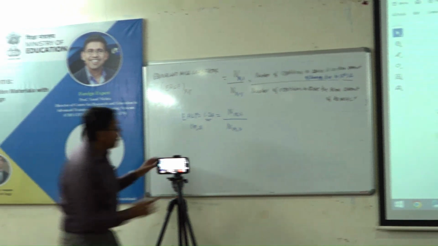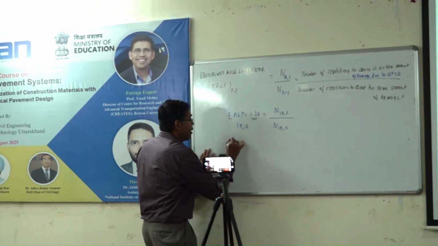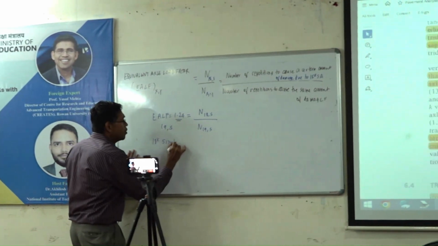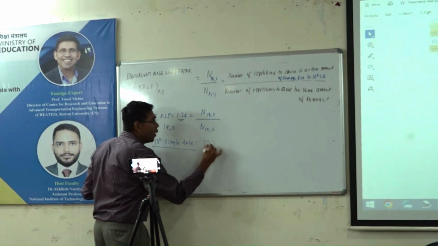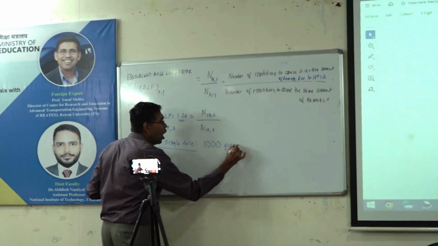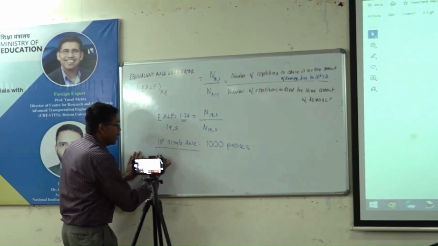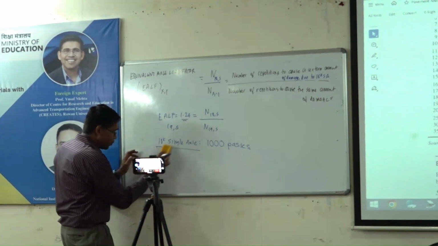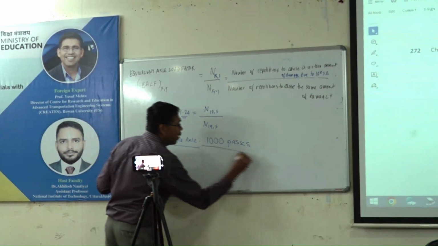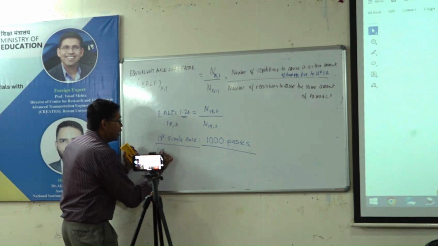So if an 18 kip single axle damages the pavement in 1000 passes, how many passes will a 19 kip single axle take? Can anybody tell me? If 18 kip single axle damages a certain pavement in 1000 passes, how much will a 19 kip single axle take?